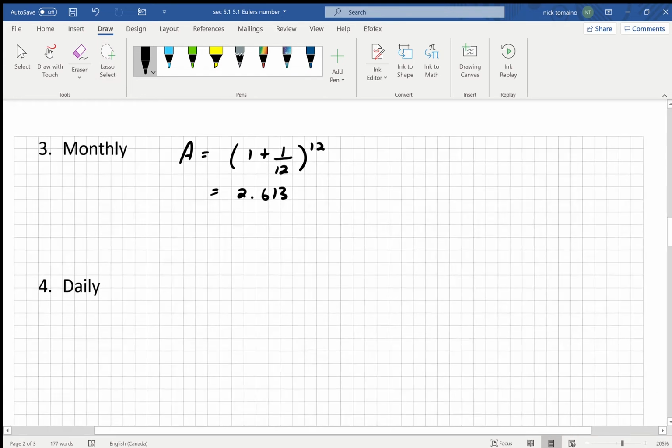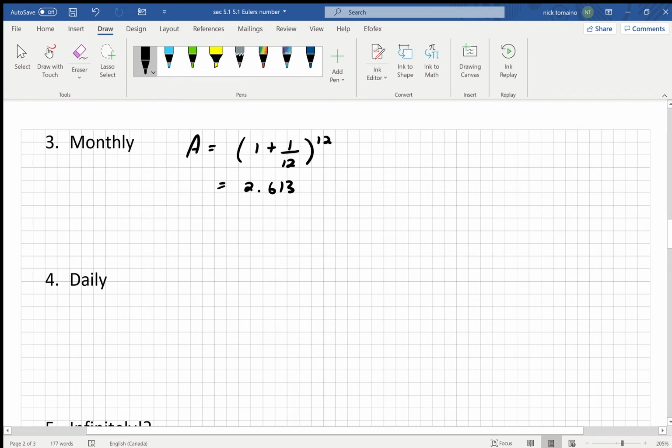Okay, it's getting bigger. Now, the question is, is this number going to continue to get bigger and bigger and bigger? Well, let's see. Let's look at daily now. So daily, we're going to get 1 plus 1 over 365 to the exponent 365.